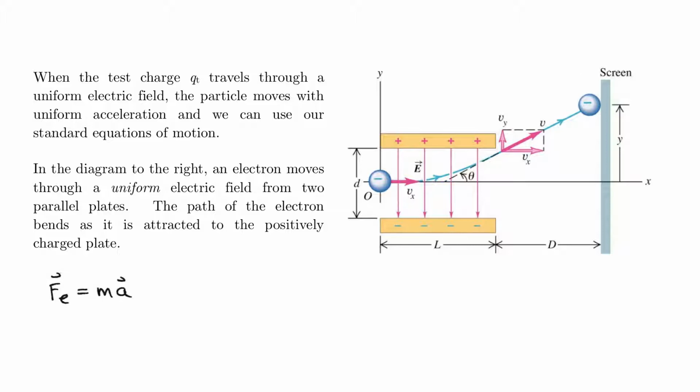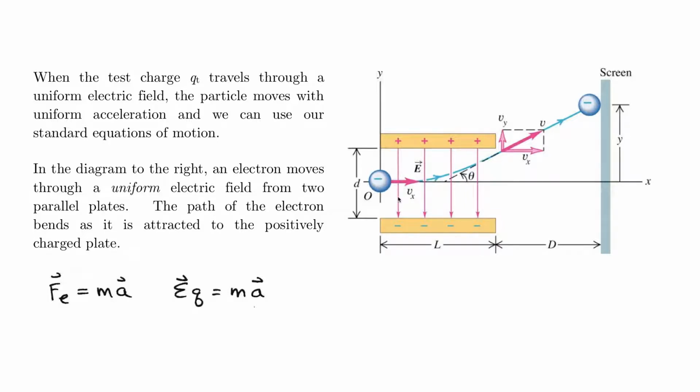Here we have that the electric force is equal to m times a. This is Newton's second law for what's acting on this particle right here. We know that the electric force can be written as the electric field times the charge on this particle.